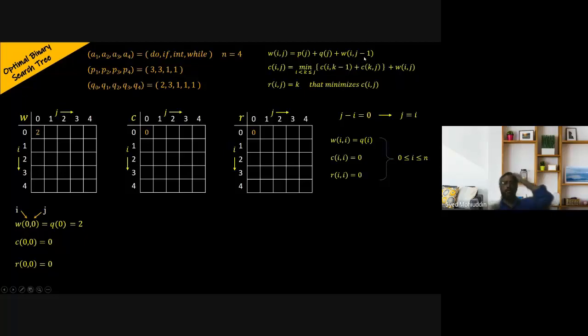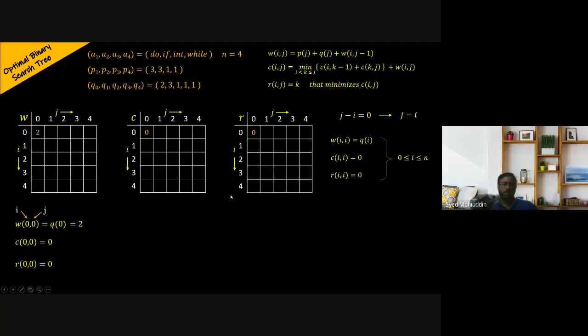That is from the previous step, the weight we got. Then table R is nothing but where we store the root, that is, for which k the cost of i and j will be minimum. That kth value will be the root. So we have to compute the cost, but cost consists of w, so we are also maintaining a matrix for W, and in our R matrix we will be storing the root.